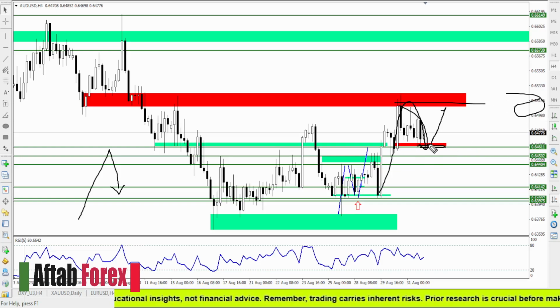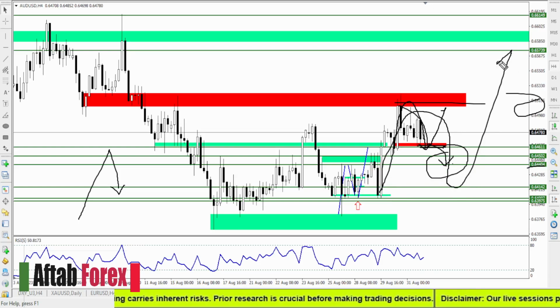If you are looking further to the downside of the market, it can go down. In that situation, 0.6440 and 0.6450 will be some nice buying opportunities, and even if this double bottom forms, that will indicate a very strong rally.